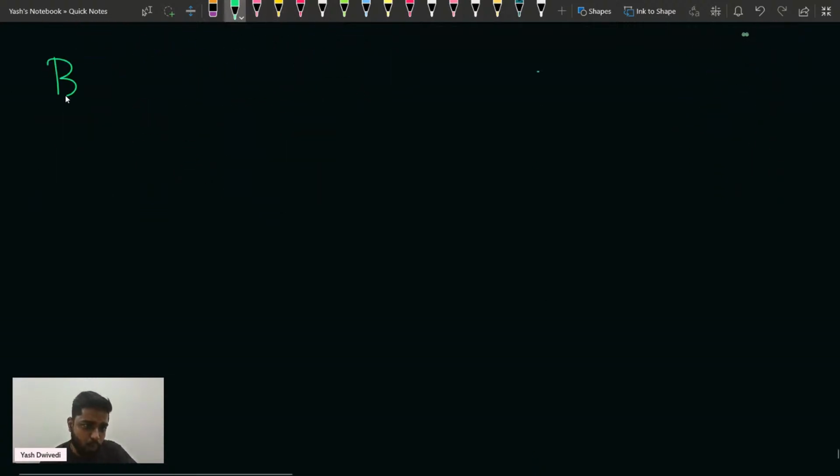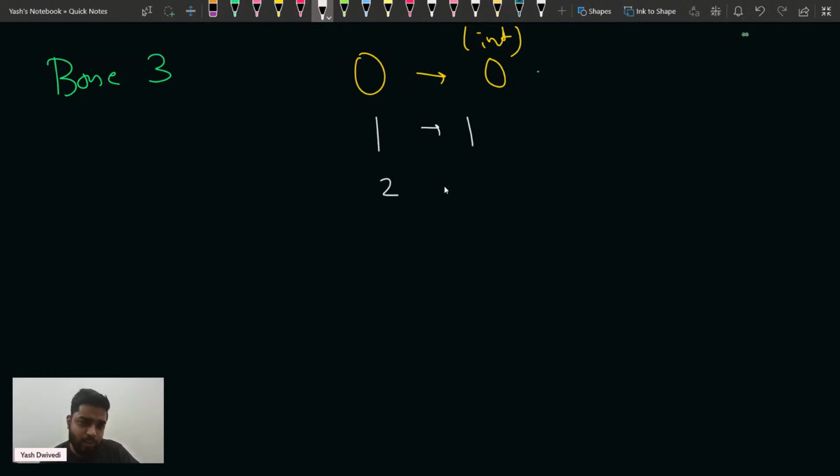Now when we talk about base 3, let's talk about the first number. For representing the integer 0, you directly write 0. Then you write 1 to represent 1, then 2 to represent 2. After that, everything in this place gets saturated: you have used 0, 1 and 2.